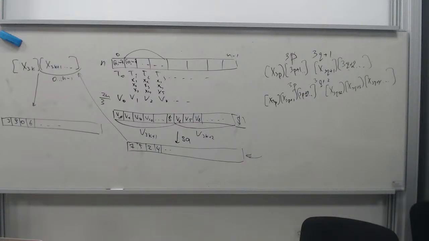The span will be n to the power of epsilon with some constant, because we did this using radix sort. We use radix sort a lot, especially to sort the triples.